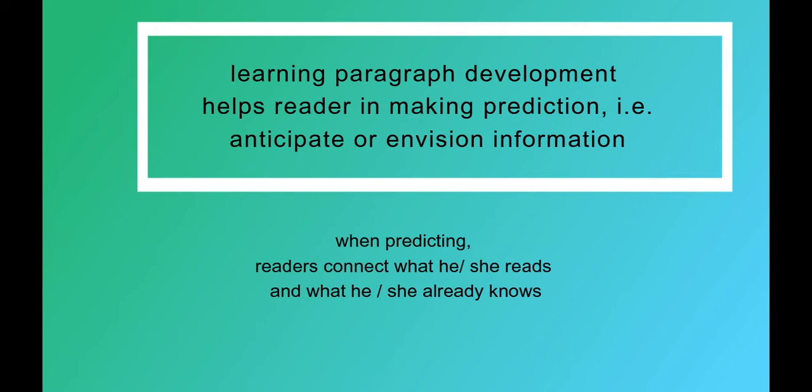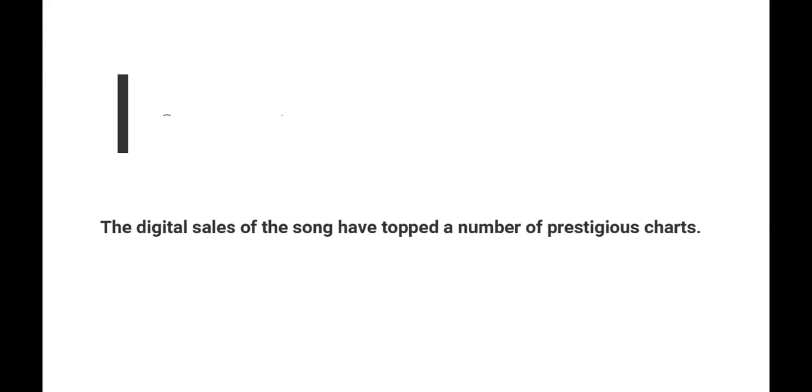Let's take a look at these sentences and think of them as main ideas. Use your existing knowledge and position yourself as the author to predict the coming information. The digital sales of the song have topped a number of prestigious charts. The first sentence is likely to be developed using either listing or exemplification.